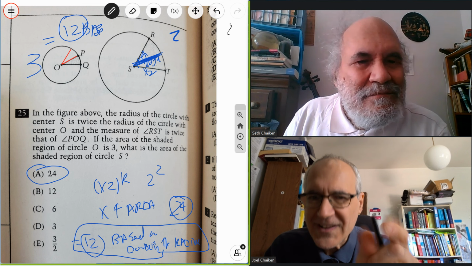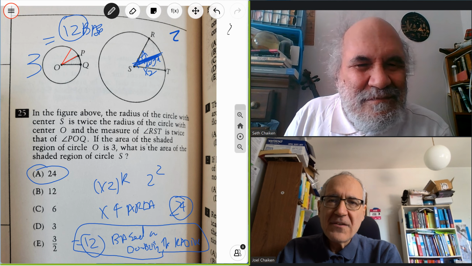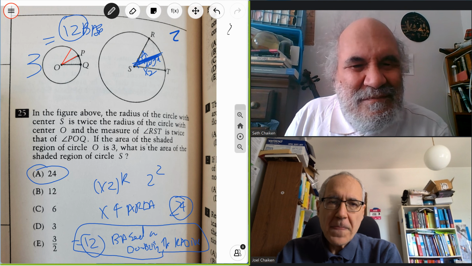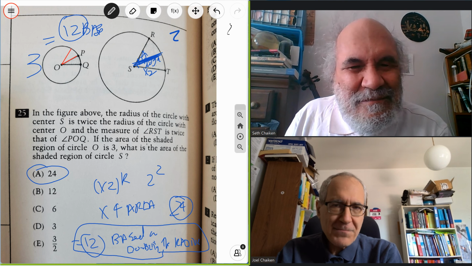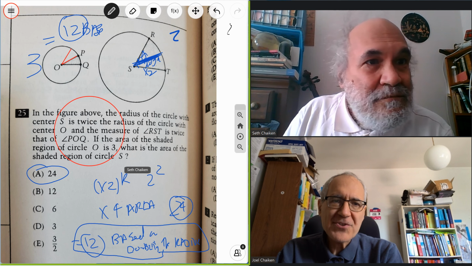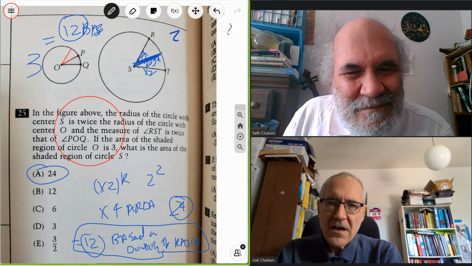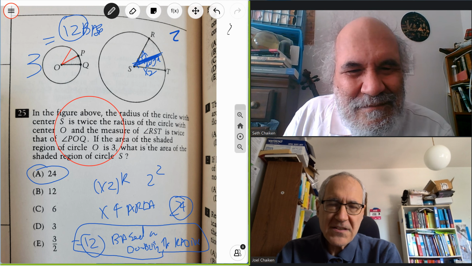It really makes sense just to know that rather than have to derive that from scratch every time. I'm sure most people have seen this in geometry class. It's really helpful just to know that cold going into the SAT.